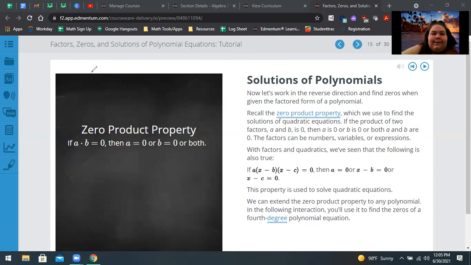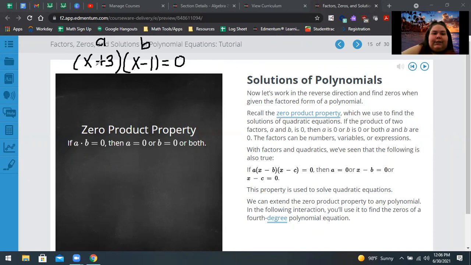What if we said x plus 3 and x minus 1 is equal to 0? This whole factor is your A, this factor is your B, right?